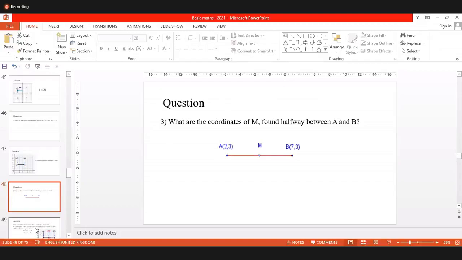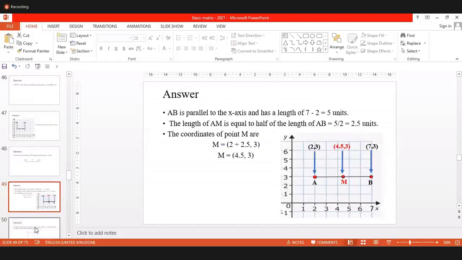We will see. Okay, you see the answer. So this is very simple. You see, AB is parallel to the x-axis and has the length of, what is the length? 5 units.